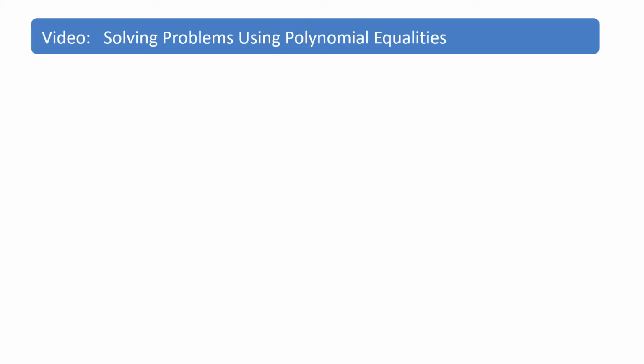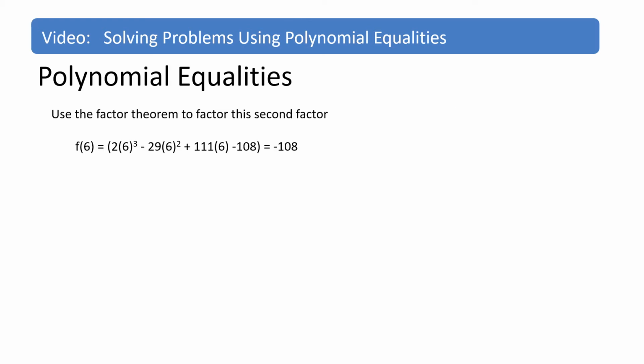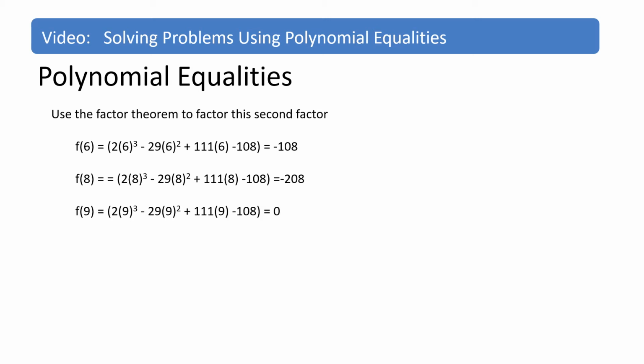We need to continue to use the factor theorem to factor the second factor. So we will try 6. Doesn't work, we get negative 108. We will try 8. Doesn't work, we get negative 208. Try 9. It does work.